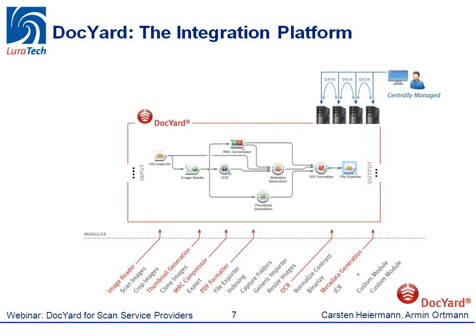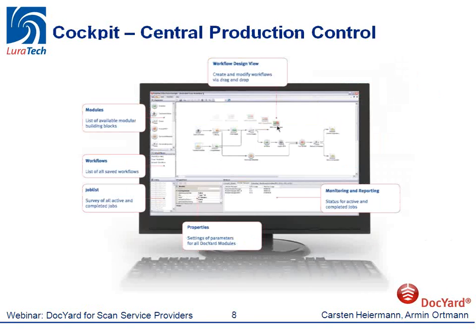And then you can pick just the modules that you need for a specific workflow by drag and drop and connect them with these workflow lines, make use of a specific set of modules, and come up with a highly customized, very flexible, very quickly generated workflow based on DocYard that runs in a distributed and parallelized fashion and of course can be centrally managed. Next slide, please.